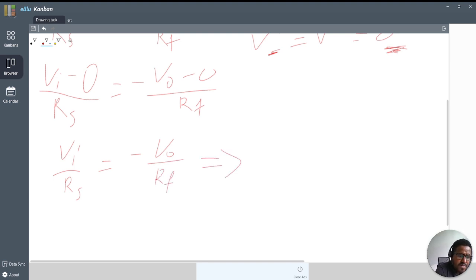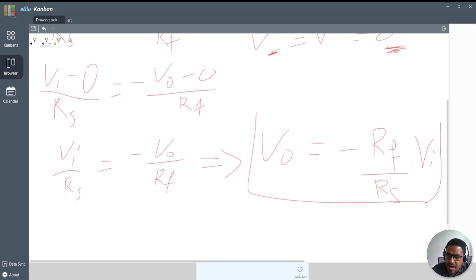So V out, when you cross-multiply, means minus RF over RS multiplied by V in. This is our V out. So what is the gain of this op-amp?